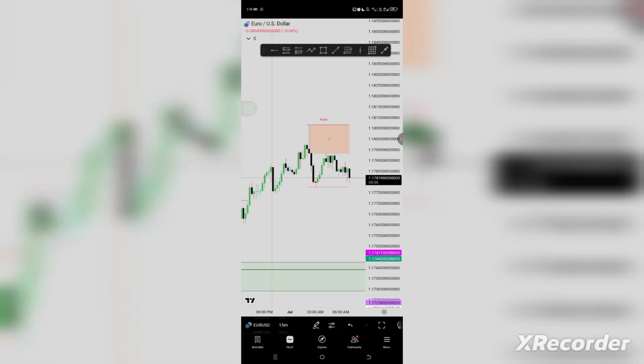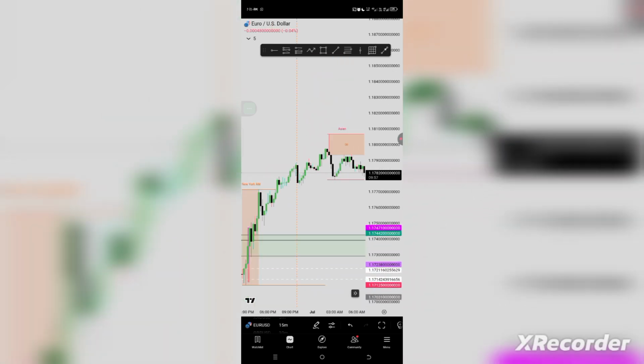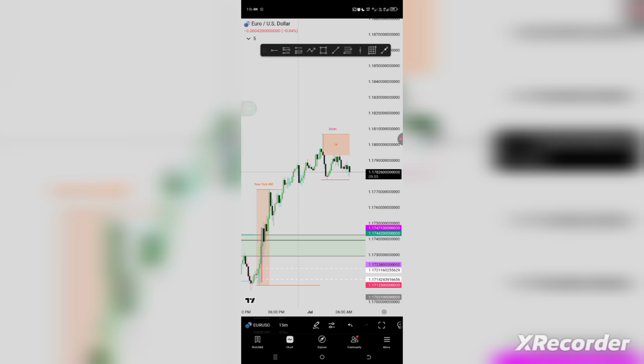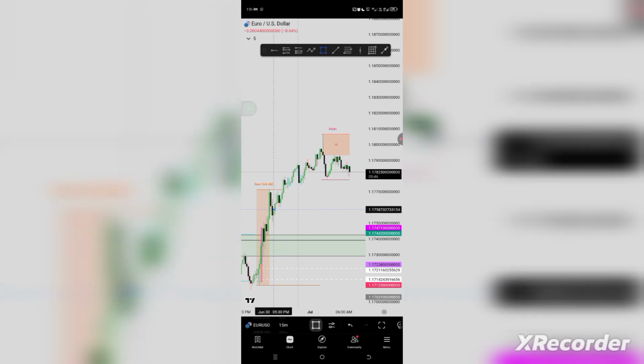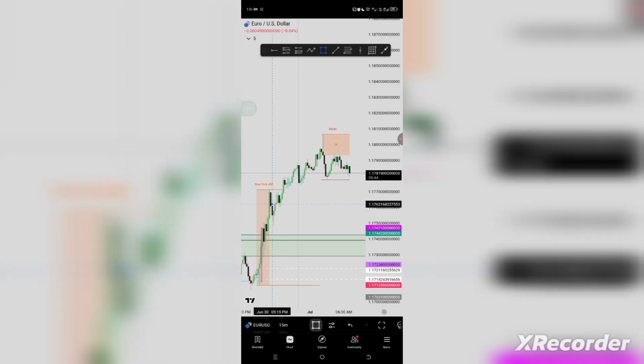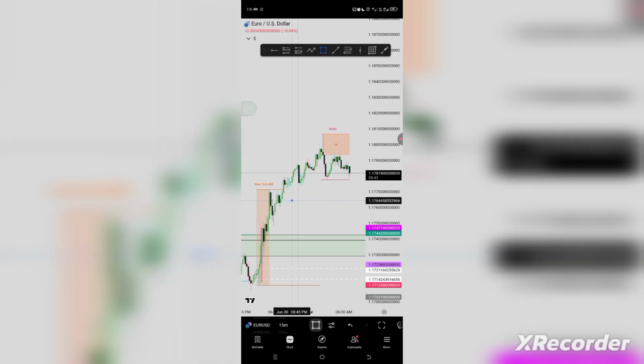So yeah, you can see this is what I like to see. I like to see consolidation before. Okay, this has been filled. So where is the only imbalance that we have right here now?